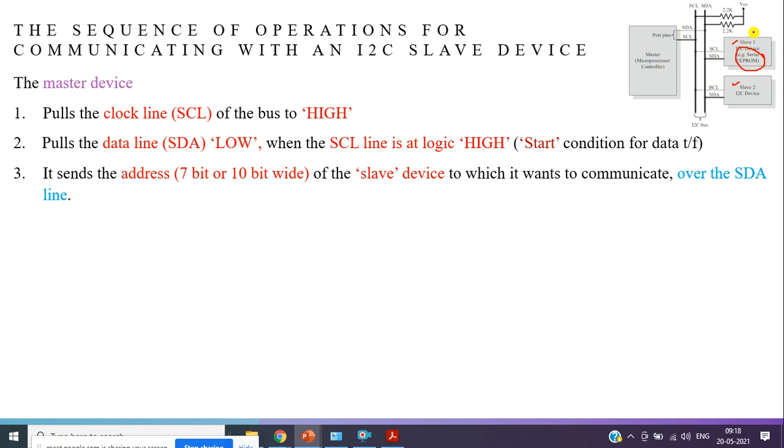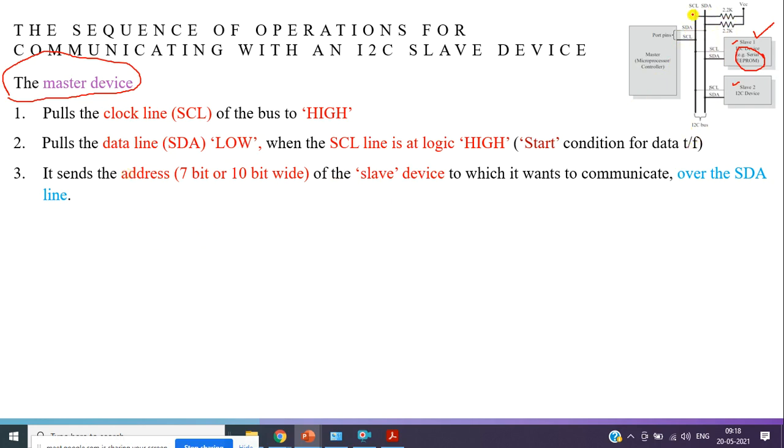Assume that I need to communicate with slave 1, so I should have the address of slave 1. This is with respect to the master I am talking about, not with respect to the slave. The master pulls the clock SCL to logic high and pulls the SDA down to logic 0, done by the master device itself.